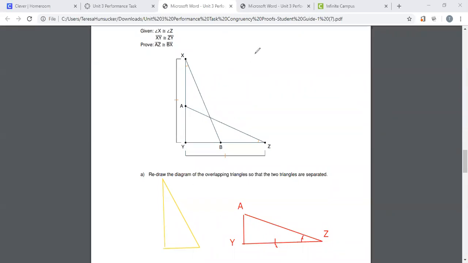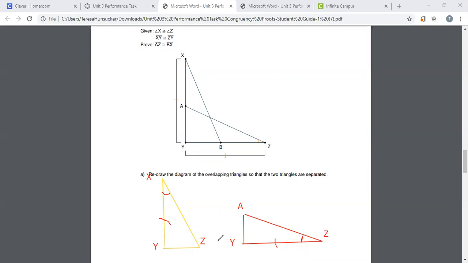All right, now I'm going to label the left triangle X, and then Y at the lower left corner there, and then Z. I'm not going to forget to mark angle X congruent to angle Z and segment XY congruent to ZY. Okay, so that's what they're asking you to do in this diagram.